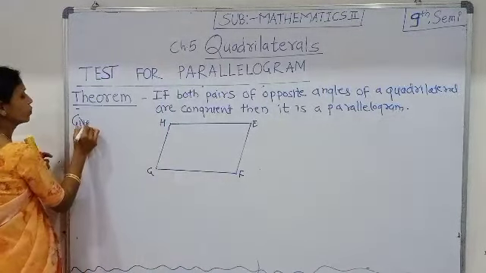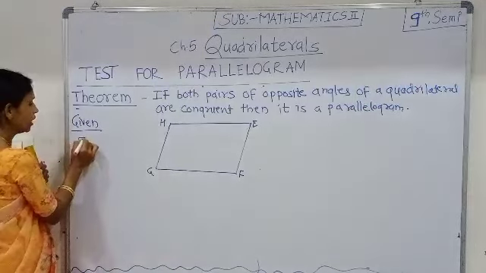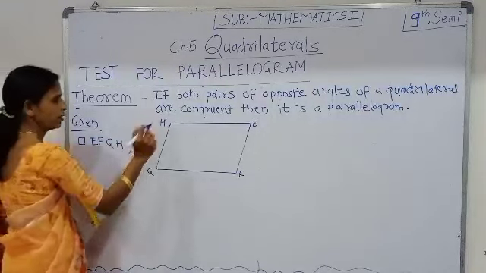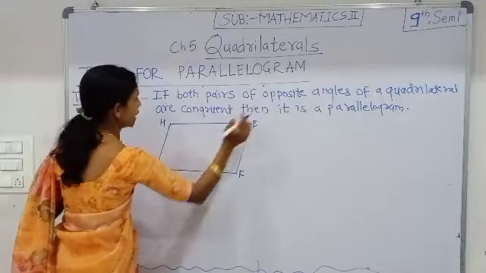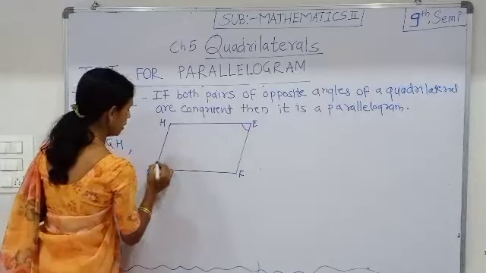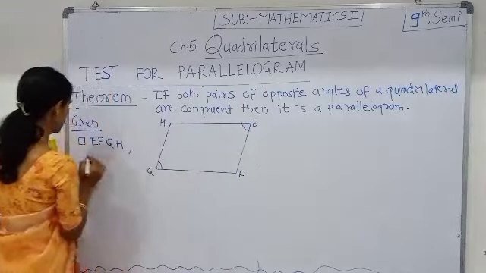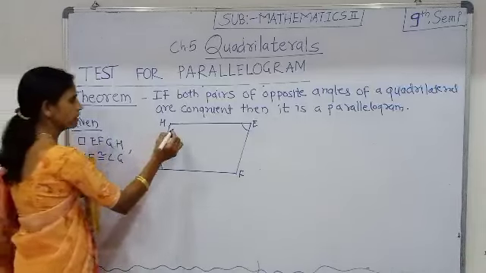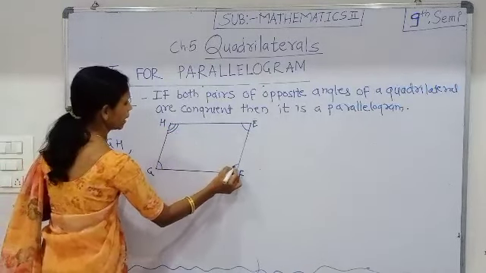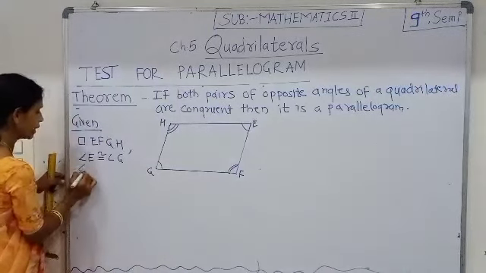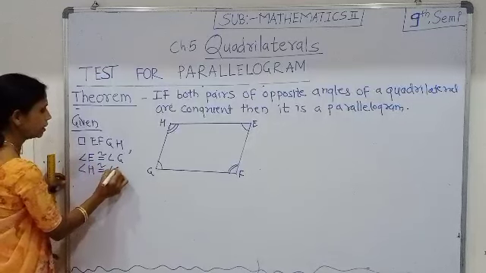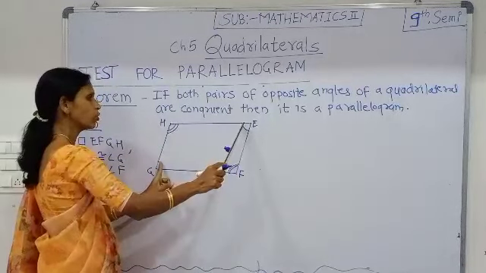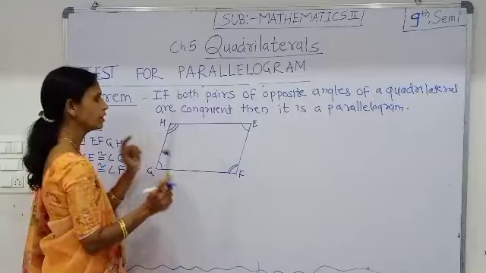Given quadrilateral EFGH, both pairs of opposite angles are congruent: angle E is congruent to angle G, as well as angle H is congruent to angle F.